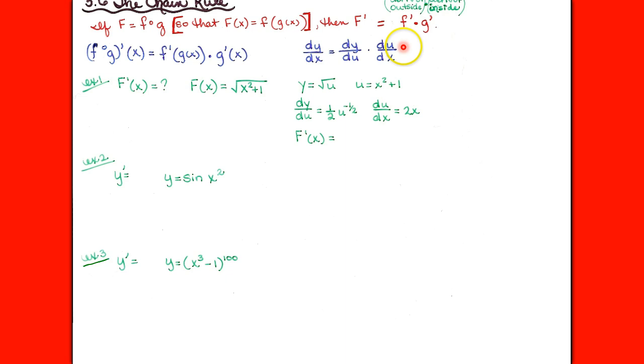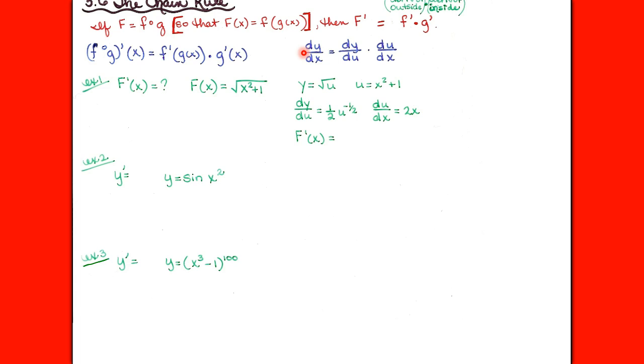So I can say the derivative of the inside function in terms of x. And it's almost as if the du here would cancel with the du here and take you back to that dy over dx. So I'm not changing anything.